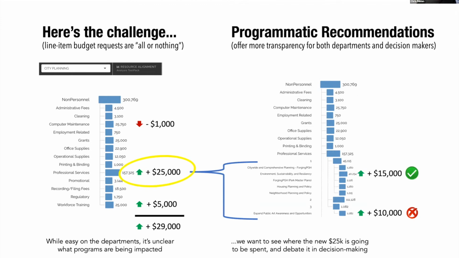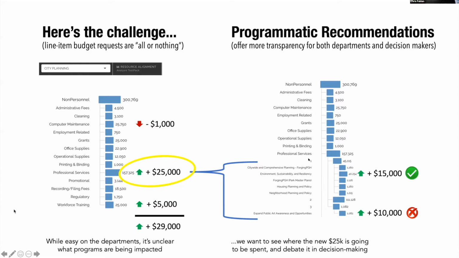So applying a programmatic lens and the data that we've just talked about, we want to take, for example, this $25,000 request in professional services, here it is over here, and break it down into the programs that it represents. You can see 15,000 was actually for a quartile 1 program, meaning highly relevant, very related to your strategic plan, ranks very highly.